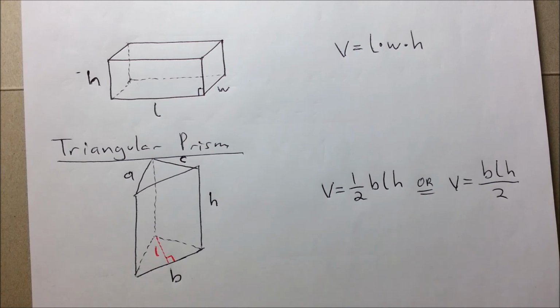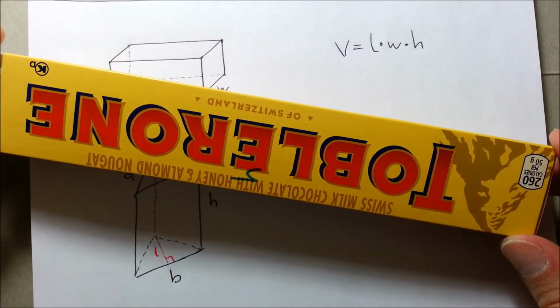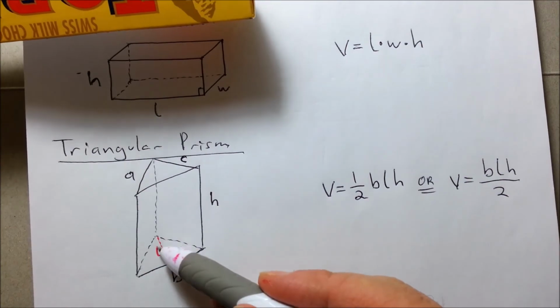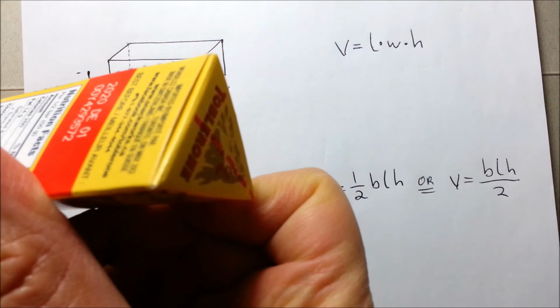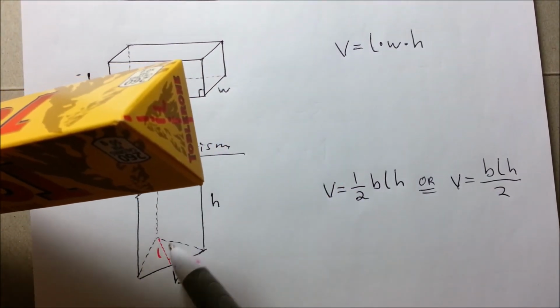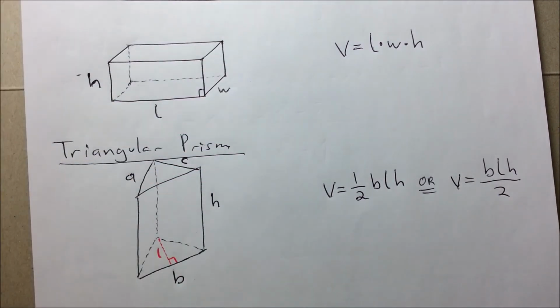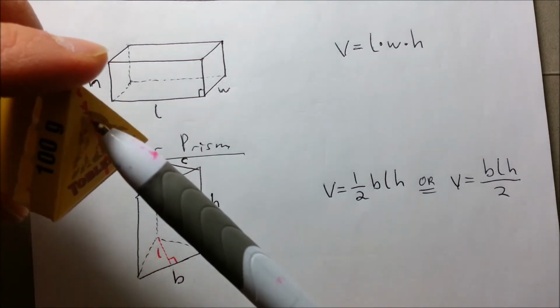Oh yes, just to clarify a little bit more, I almost forgot, sorry. This triangular prism is just like a Toblerone, which we're all familiar with. The L right here, the height of the base, is basically this. If you can see, this is the base. This L right here is this height.